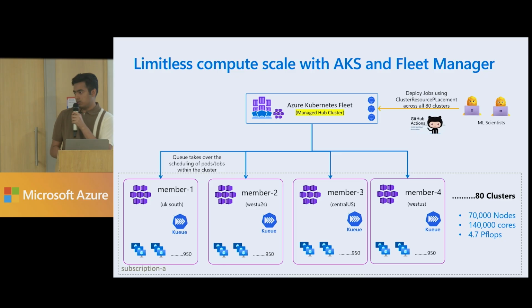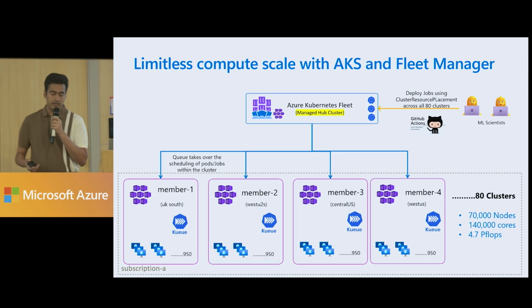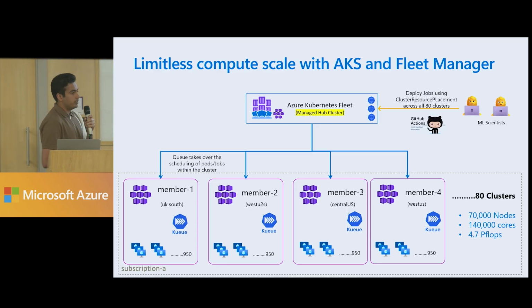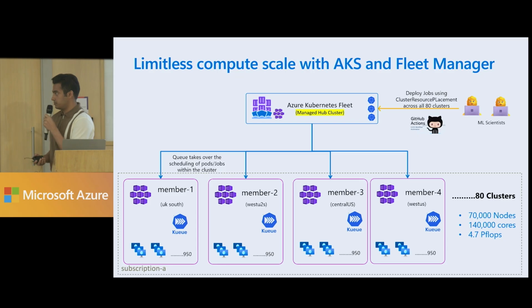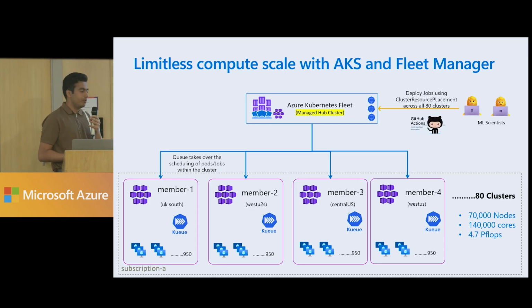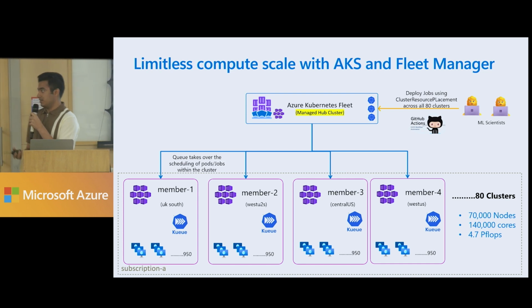The last thing I want to touch on while we're on the topic of scale is actually going multi-cluster and multi-region. You might be in an industry where you need to be deployed to multiple regions for resiliency, or you might even have latency requirements if your customers are spread around the world. But with more clusters, there's a lot more to manage as well. And that's where AKS Fleet comes in, where it helps centralize the management of all these clusters.